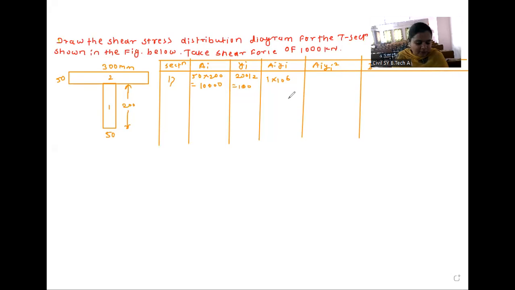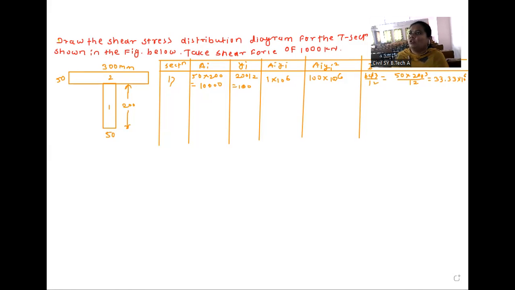And ai yi square: 100 into 10 raised to 6, or 10 raised to 8. After that, moment of inertia. This is a rectangular section, so bd cube divided by 12, which is equal to width 50 into depth 200 cube divided by 12, which is equal to 33.33 into 10 raised to 6.